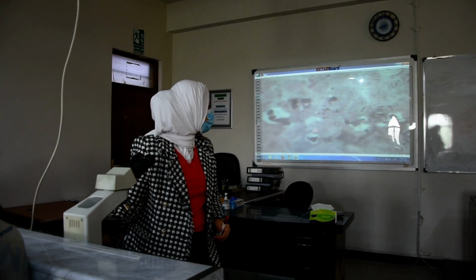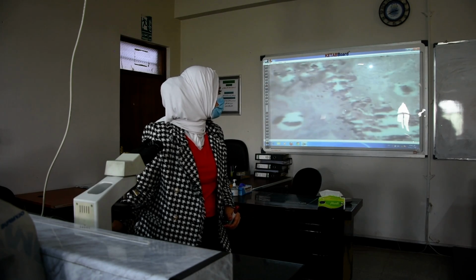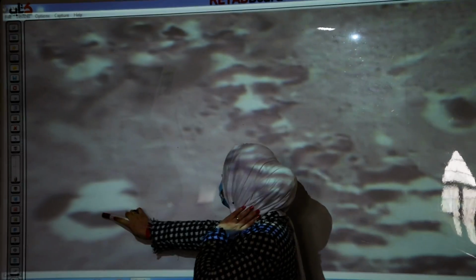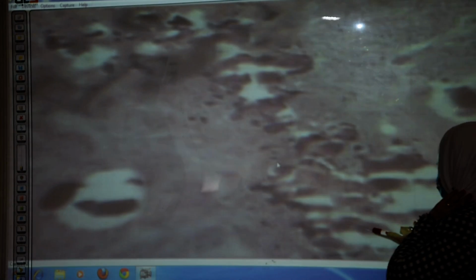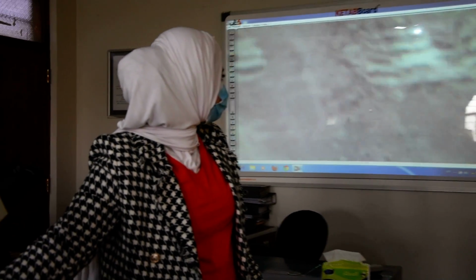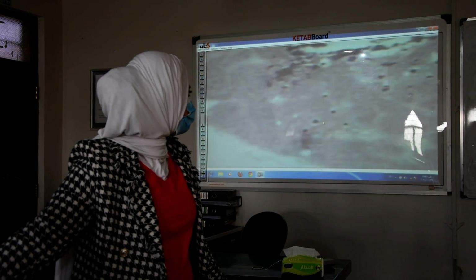All these patches, these dark stained areas, represent the brain sand, which increases with age. All these parts are the brain sand, and these are small areas.